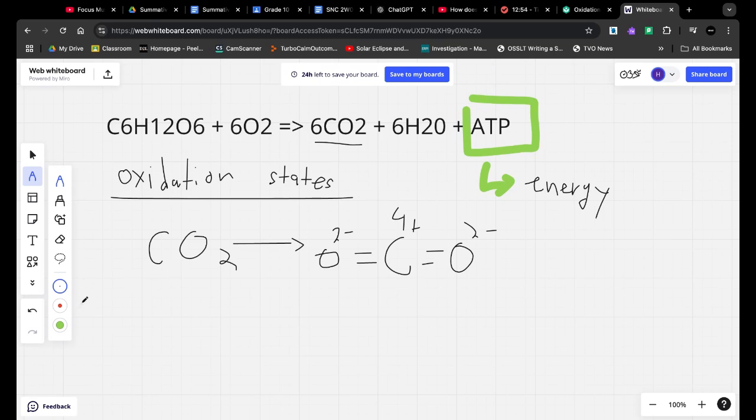It's mainly due to the fact of electronegativity. All right, so that's another fancy word that we need to learn about, electronegativity. So the oxidation state is basically based off of the electronegativity. And again, the oxidation state is not what is actually existing in real life.